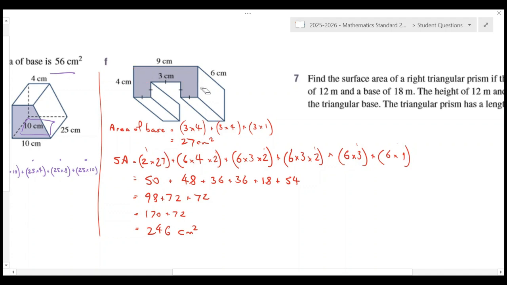So let's have a look and see what I did wrong there. I would have 3 by 4, which is 12, and I have that twice, 3 by 4, which is 12. Oh, I, for some reason, did 3 by 4 equals 12.